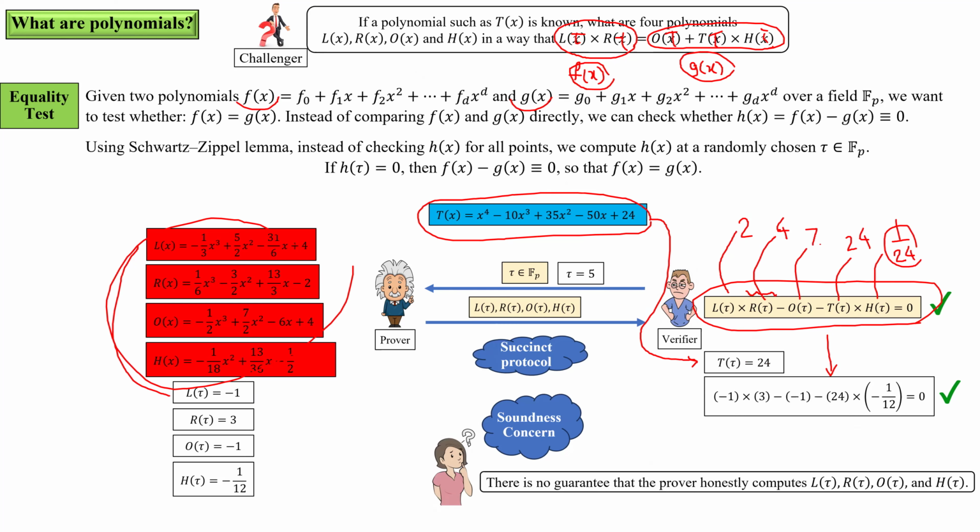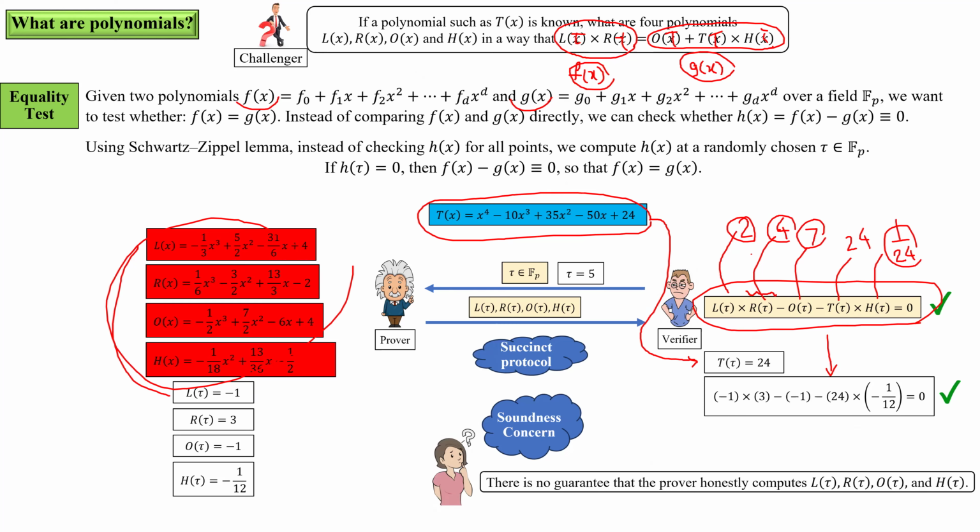If these four values are picked by the prover and sent to the verifier, these four values also satisfy this polynomial equation, right? However, the prover doesn't need to know any specific polynomials or any knowledge. But on the verification side, the equality test is satisfied, so then the verifier is convinced that the prover knows the polynomials. And this is not correct.